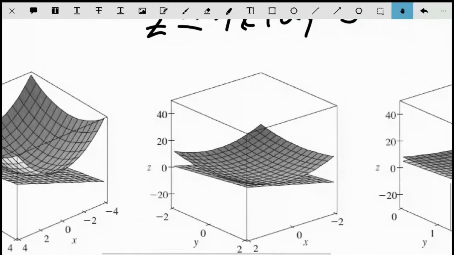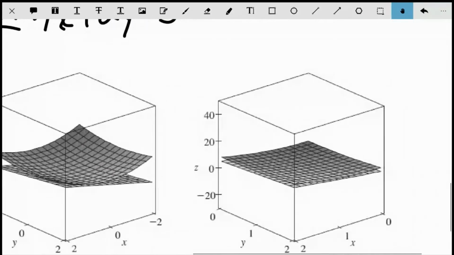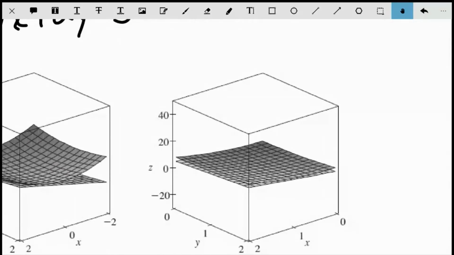So as I zoom in on the point of tangency, you start to see that that curved surface looks more and more like a tangent plane as I get closer and closer to the point of tangency. And if I kept zooming in, eventually my curved surface would appear to be almost exactly a flat plane, even though in reality we're zoomed in so far, we're getting a little bit distorted view of what's happening.